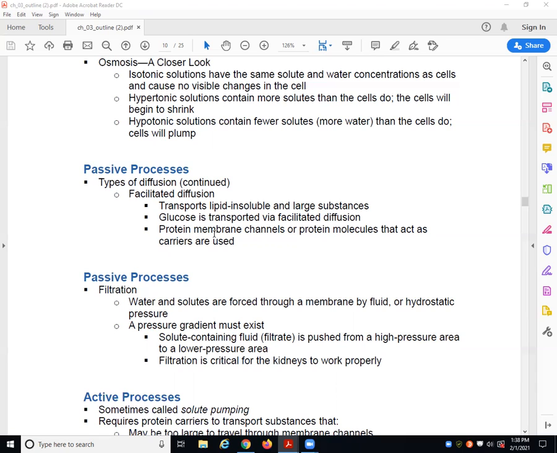Filtration actually happens in your body, with your kidneys. Your kidneys actually filter waste out because the pressure is higher in your blood vessels than it is in your urinary system, so it's pushing materials out that you don't need.